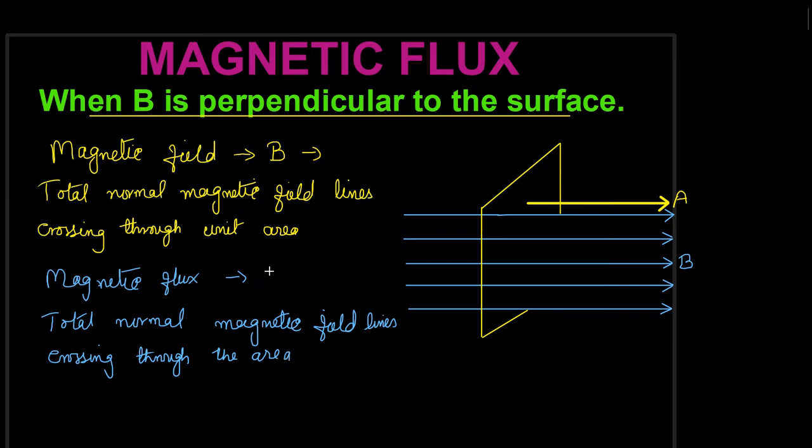Magnetic flux is represented by the symbol phi subscript B.